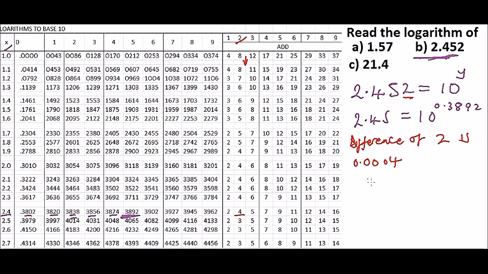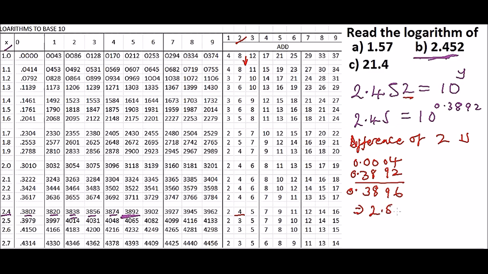Now we are going to add 0.0004 to 0.3892. So we add to 0.3892, and you get 0.3896.